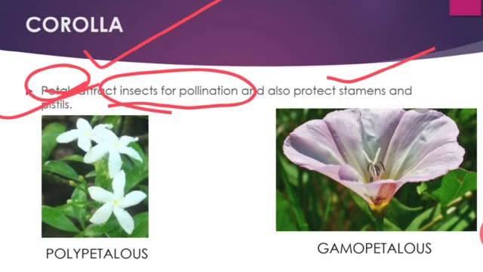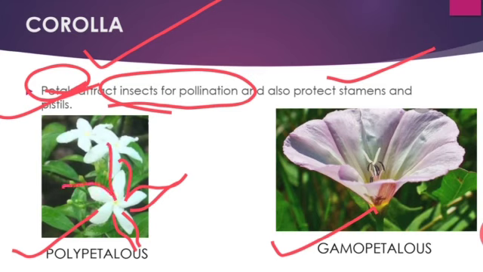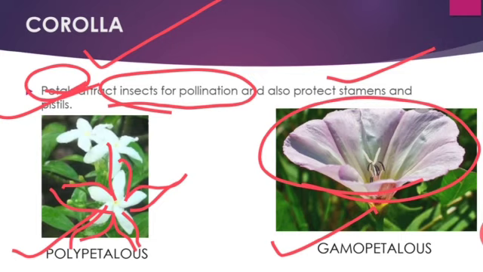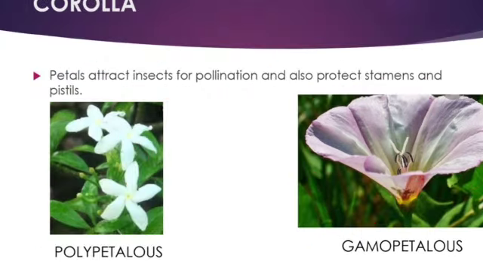Some corolla are polypetalous and some are gamopetalous. Polypetalous means the petals are separate. Gamopetalous means the petals are fused together.